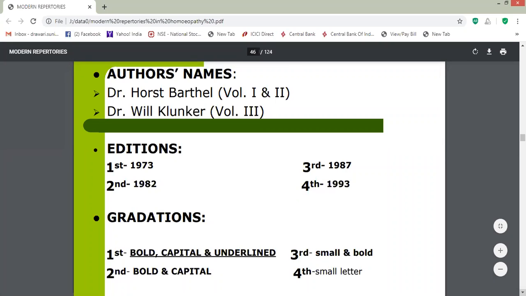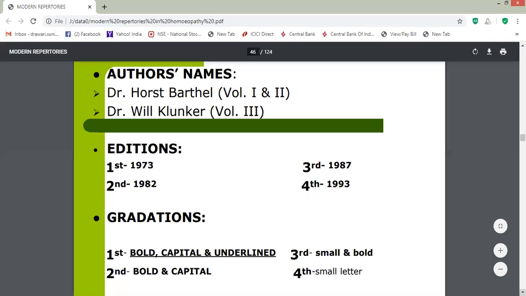In all these 3 volumes, we find 4 grades for the medicines. The first grade medicine, or 4-mark medicine, is written in bold capital underlined. The second grade medicine is written in bold capital letters. The third grade medicines are written in small but bold letters.